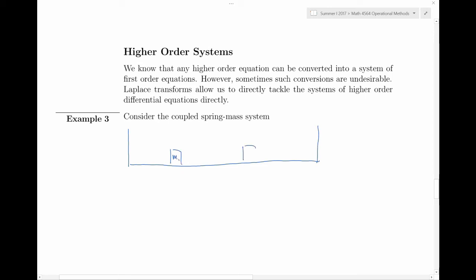I have two objects of mass m1 and m2 connected by springs, and let's say this is the rest position. So if the spring mass system is in this position, it doesn't want to move. So let's call it an equilibrium state.